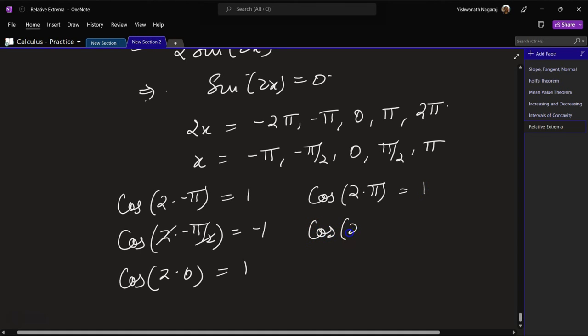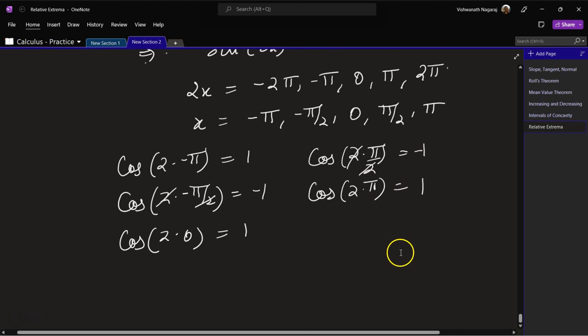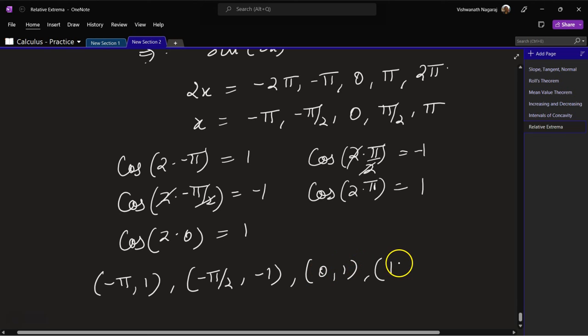Cos of 2 times pi by 2, this cancels, and cos pi is minus 1, and cos 2 pi is 1. So our coordinates are going to be minus pi comma 1, minus pi by 2 comma minus 1, 0 comma 1, pi by 2 comma minus 1, and finally pi comma 1.